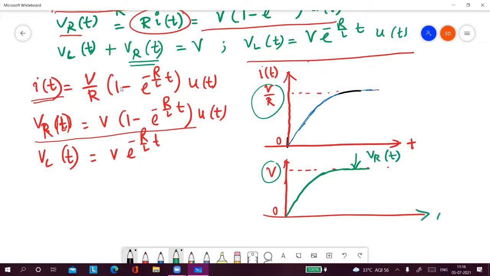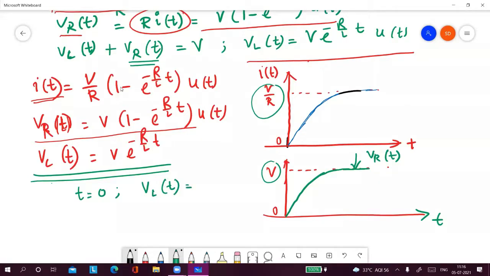And what will be the nature of the voltage response across the inductor? Initially, when time t equals 0, the voltage across the inductor is V, and when time t equals infinity, the voltage drop across the inductor is 0.